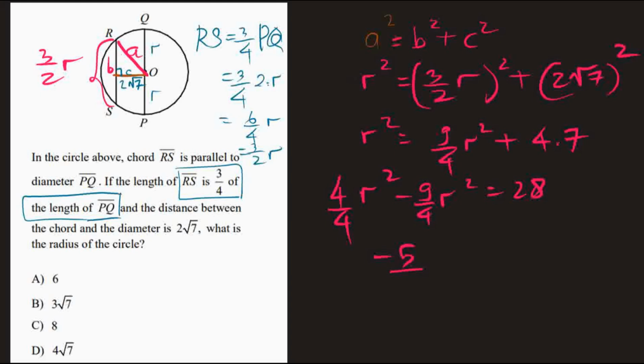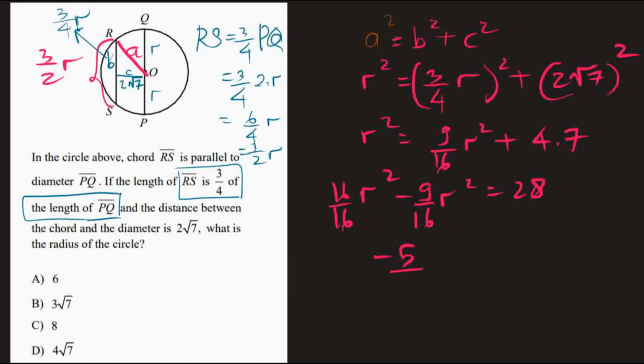So half of RS, B is half of RS, so B will be 3/4R. So now we fix our mistake. 3/4R squared is 9/16. Now this will be 16/16.